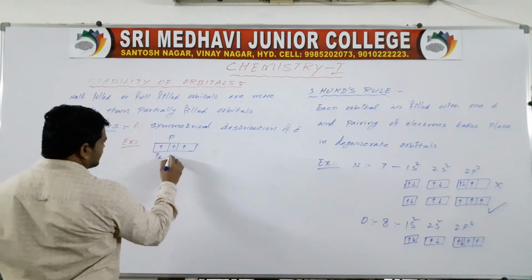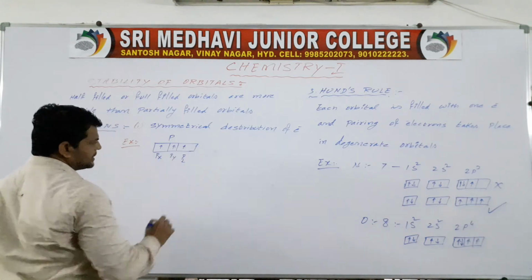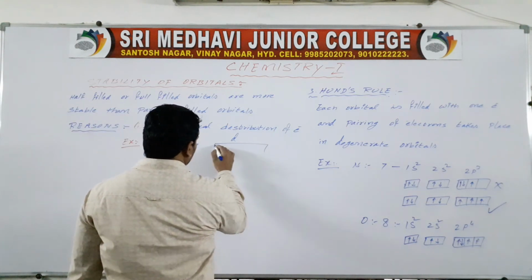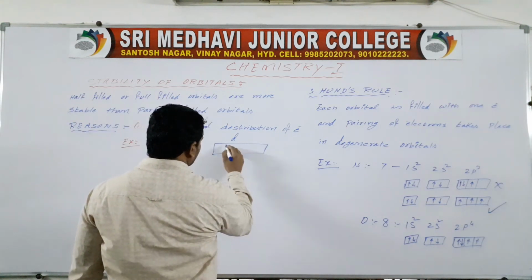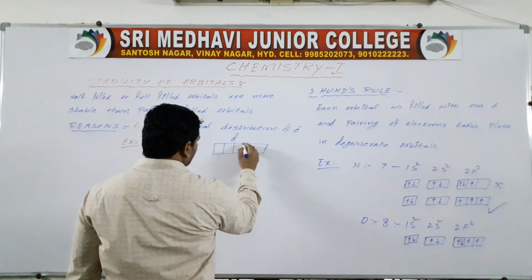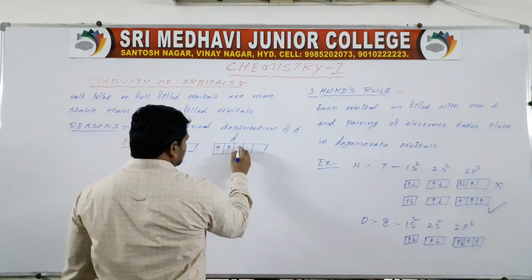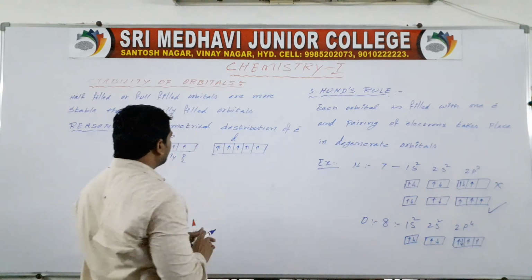This is px, py, and pz. The d orbital has how many? 1, 2, 3, 4 and 5.